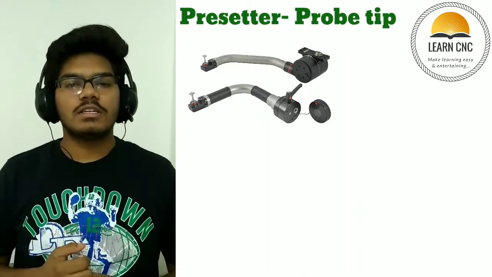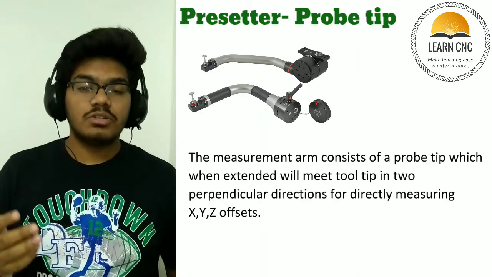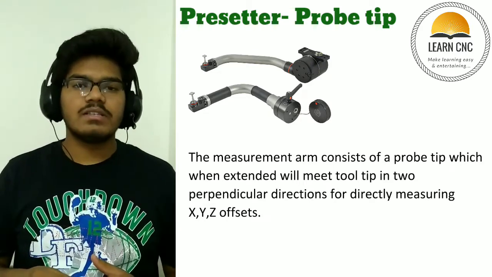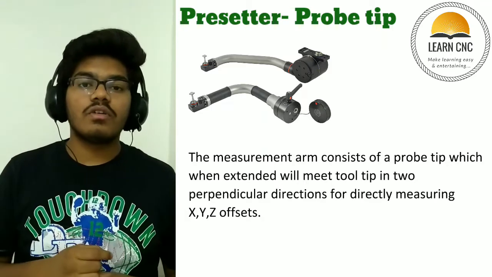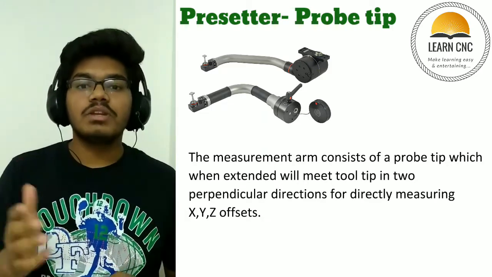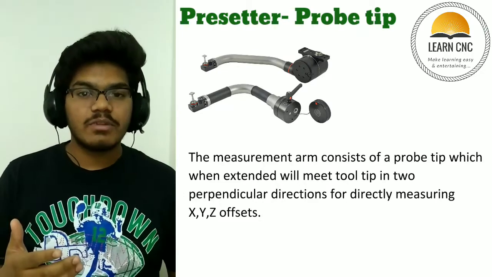In CNC turning centers, many manufacturers of CNC machine tools are providing this integral tool setting device. This measurement arm consists of the probe tip, which when extended will meet the tool tip in two perpendicular directions for directly measuring the X and Z axis.